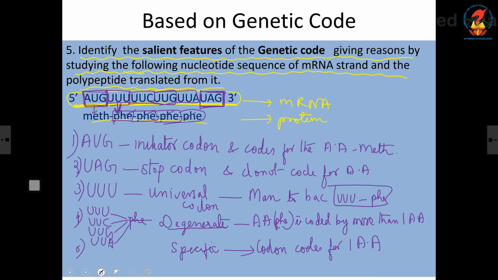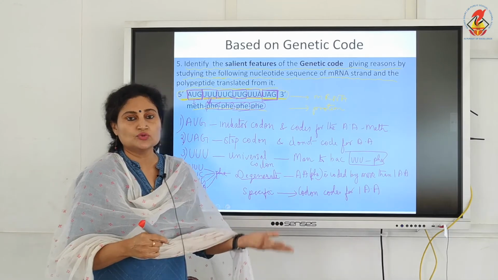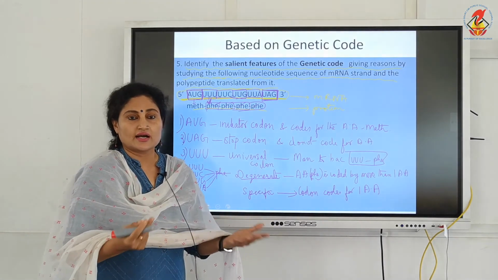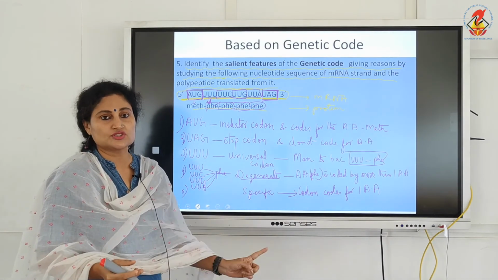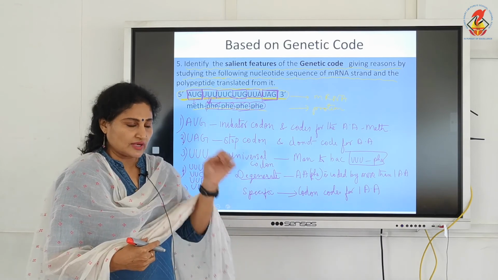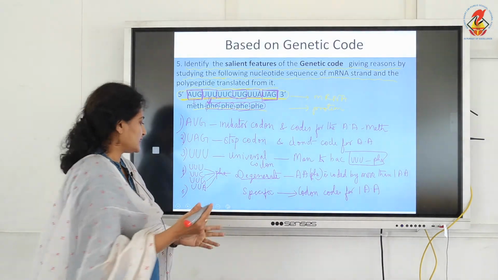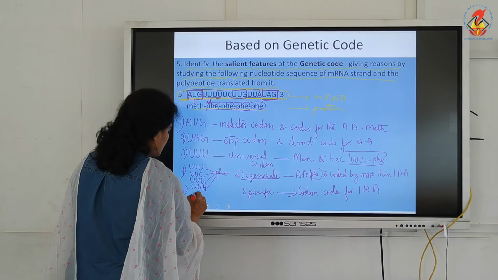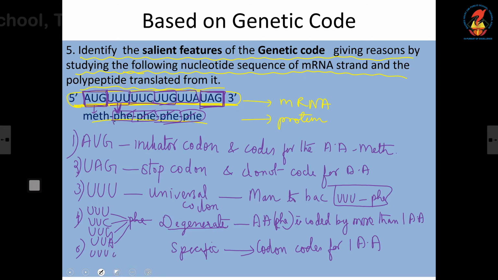If you cross check the genetic code, you can't see UUU coding for any other amino acid like leucine, lysine, glycine, arginine, etc. It only codes for phenylalanine. AUG codes only for methionine. They are only specific, they do not code for anything else. So, here you can give UUU codes for phenylalanine to indicate the feature specific, that is a codon codes only for one amino acid.